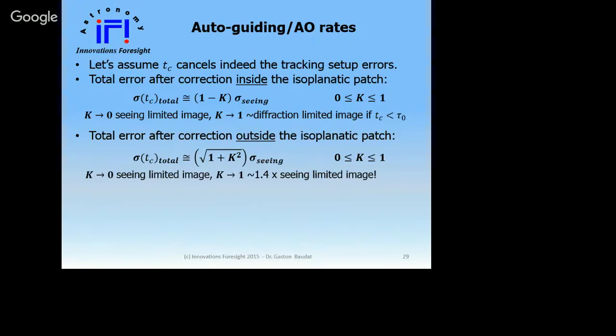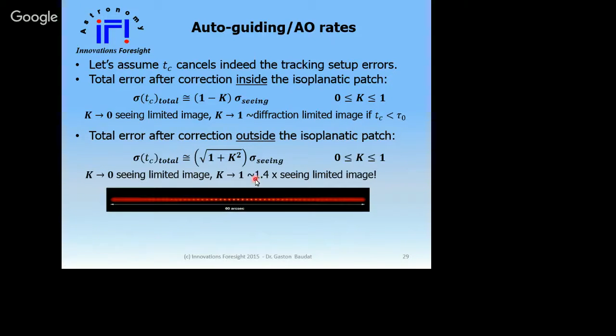Now, if you start to push the system a bit and challenge it and go faster and faster, faster than you need to correct for the mount, but fast enough versus the seeing, then you see the situation actually goes worse. Not only do you not remove the seeing like you did before, but you make the problem worse.